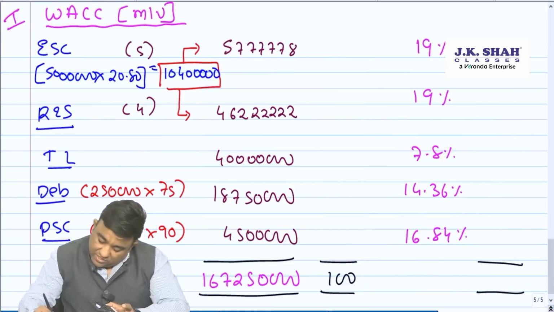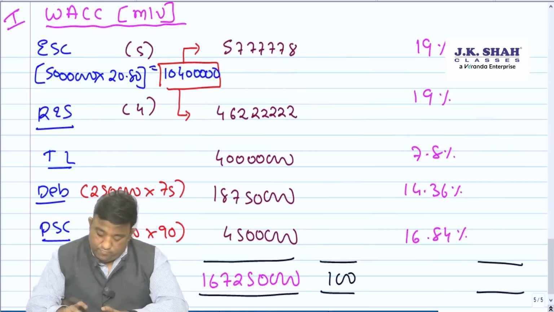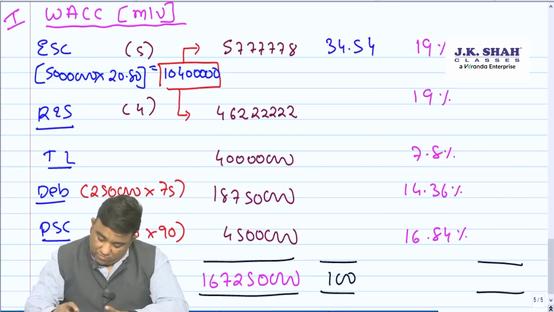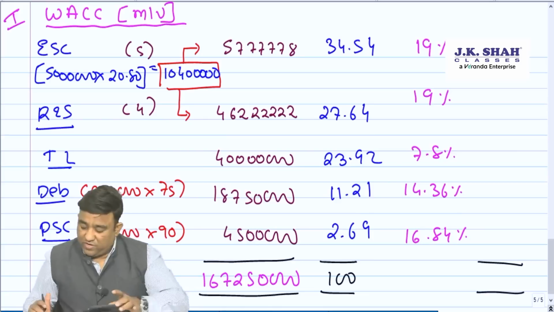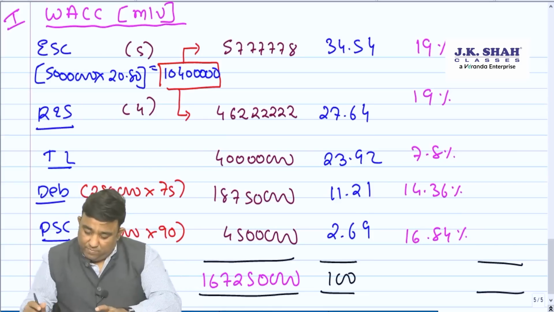Can I just allocate the weights now? This is like 34.54. This is 27.64. This is 23.92. This is 11.21. This is 2.69. Perfect, 100.